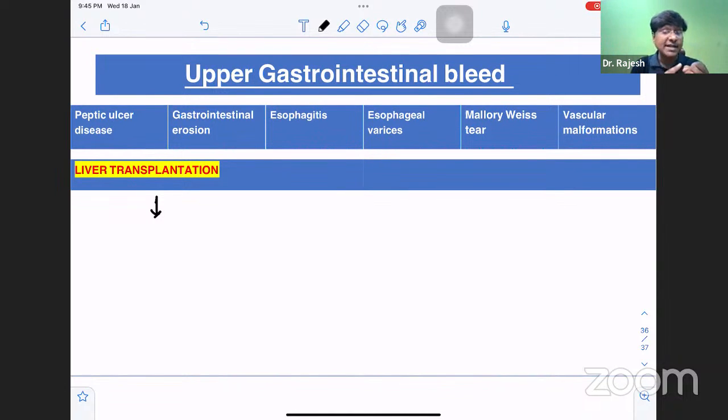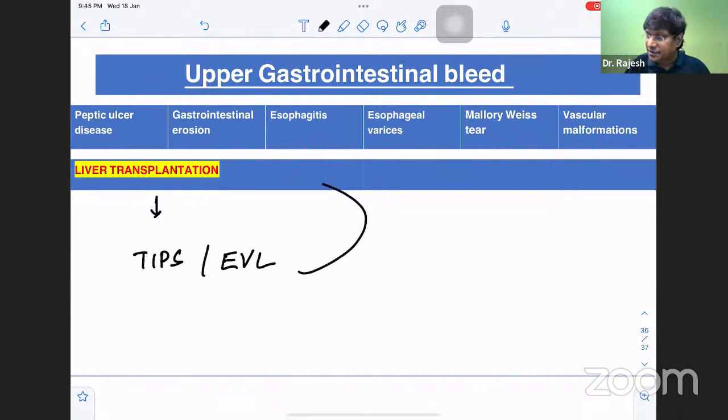Transplant candidates should be treated with band ligation or TIPS to control bleeding pre-transplant. So you have done TIPS or esophageal variceal ligation, then you go ahead with the liver transplantation, especially in advanced cases of liver cirrhosis.